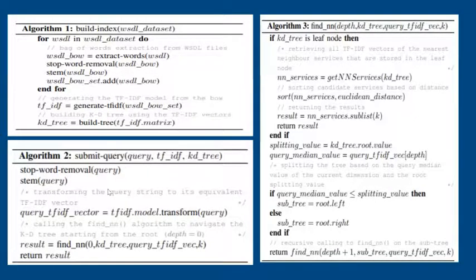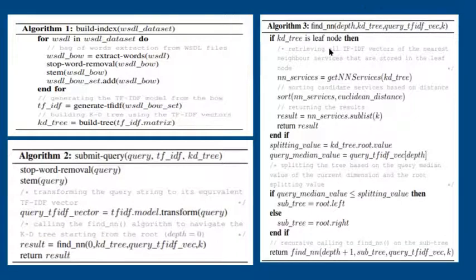And then algorithm 2 is for submitting the query. So when a user wants to search for a specific service, they will send the query, and again it will go through the same process of stop word removal, stemming, and then creating a TF-IDF vector. And then that vector will be passed to the KD tree find function.